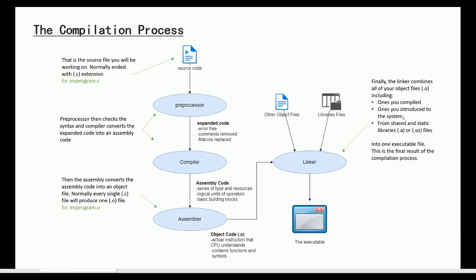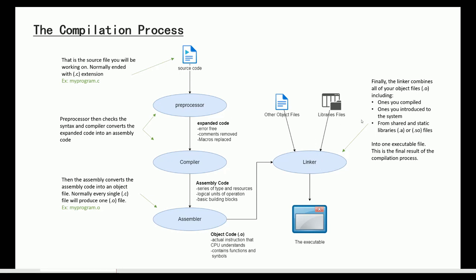That could also mean third-party libraries. Your program may be using a routine provided by some third-party library, for example, OpenSSL for encryption and decryption, right? So those object files will also need to be included in the linker process.